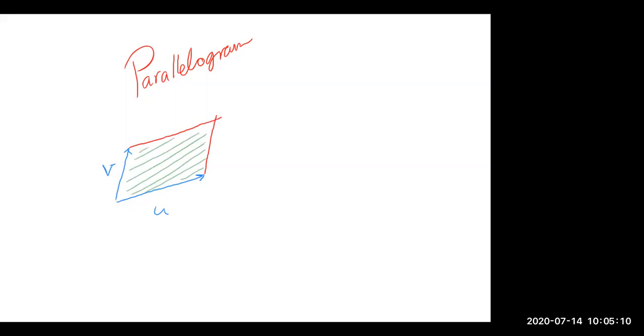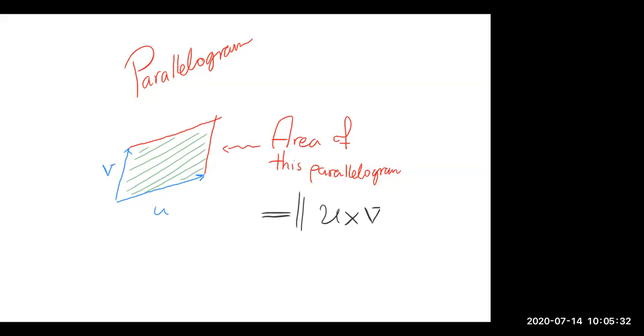And then you might wonder, what is the area of this parallelogram, whose adjacent sides are u and v? And the answer is the length of u cross v. That's the answer.